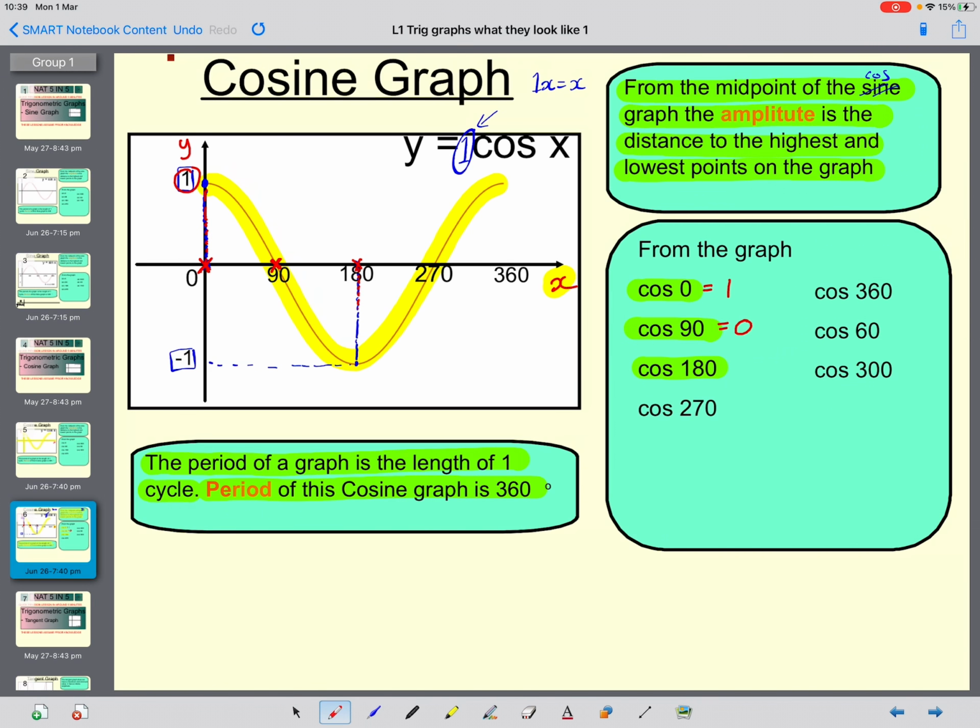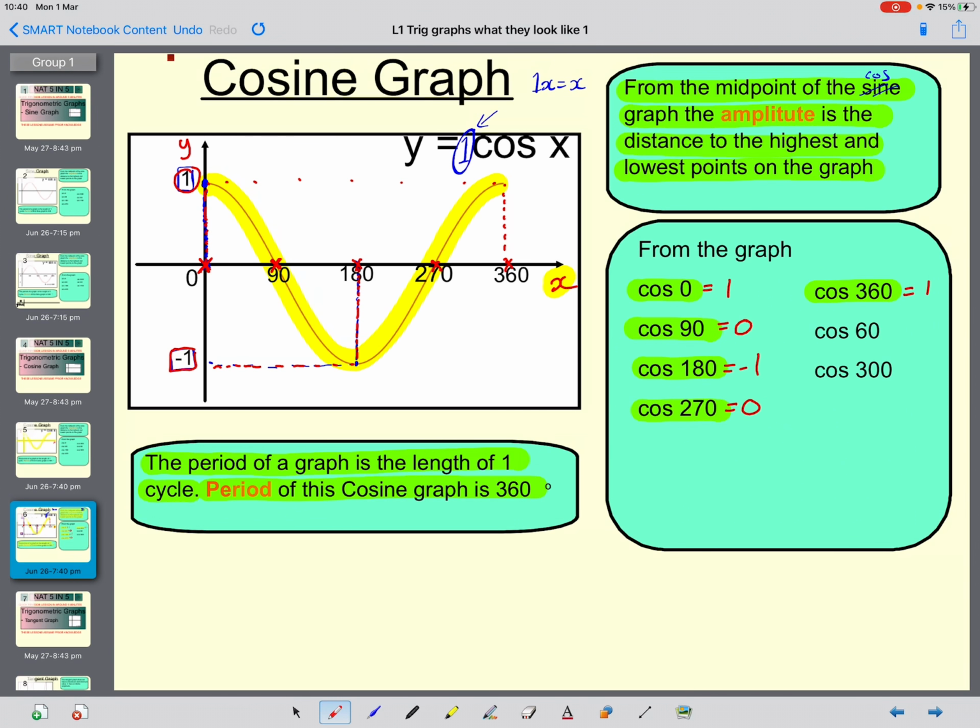You go down till you hit the cos graph and go along, and your y value is -1. Cos 270 happens here, right on the x-axis again, so your y value is 0. And then cos 360 is here. You go up to that point and go along, and your answer again is 1.